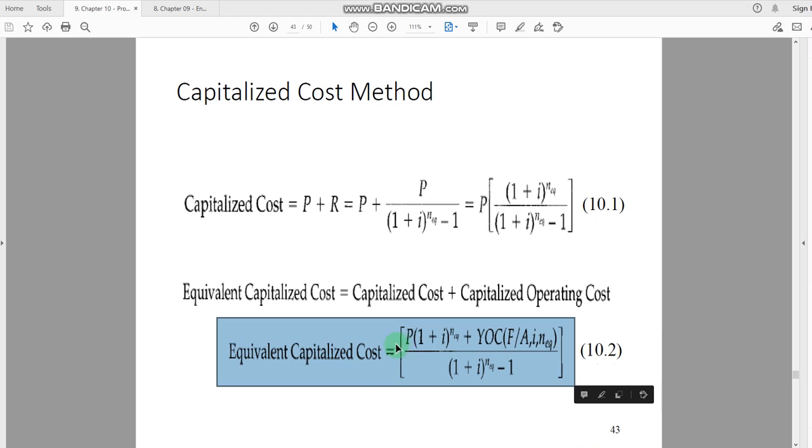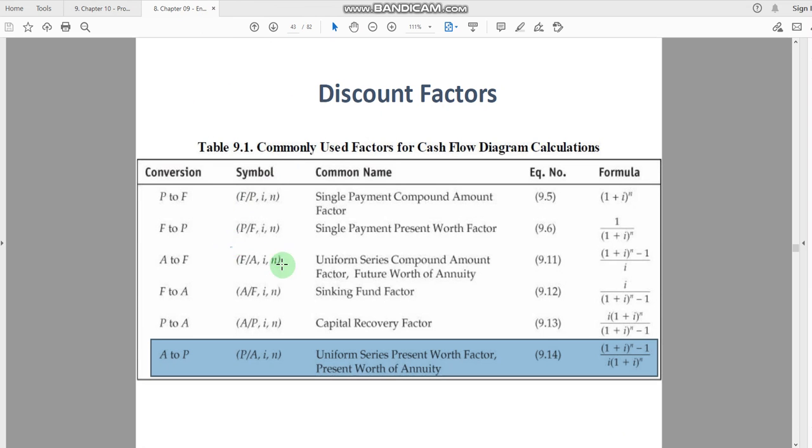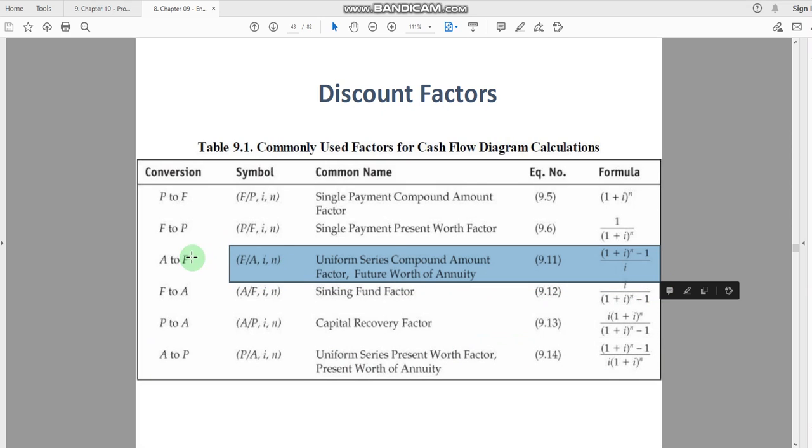P represents the cost of equipment, i is the interest rate, n is the operating life of the equipment, YOC is the yearly operating cost, and F by A is used if you want to calculate the final value based on the annuity. So you have to use this F by A equation here. The annuity represents the running cost, and then you can use this equation to get the final value.